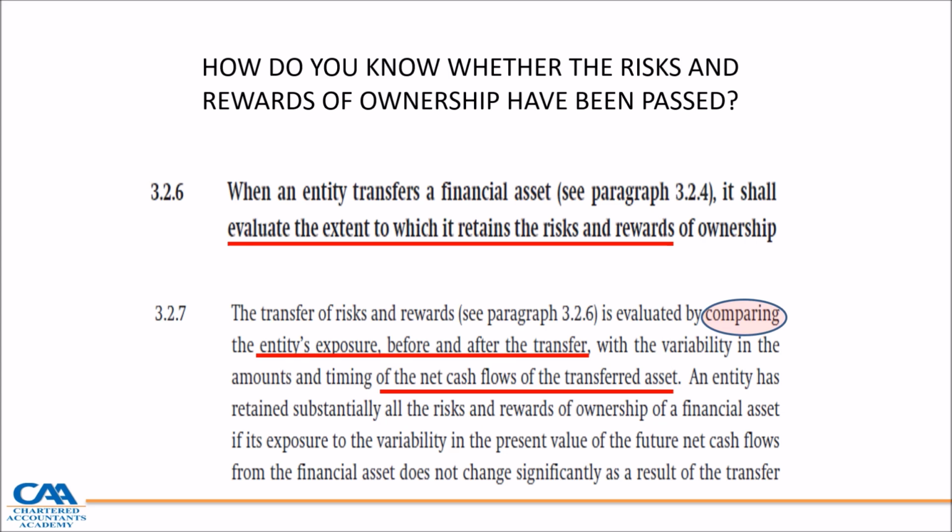So knowing the variability in your cash flows before and after the transfer will help in assessing whether risks and rewards have actually been transferred when you transfer a financial asset.